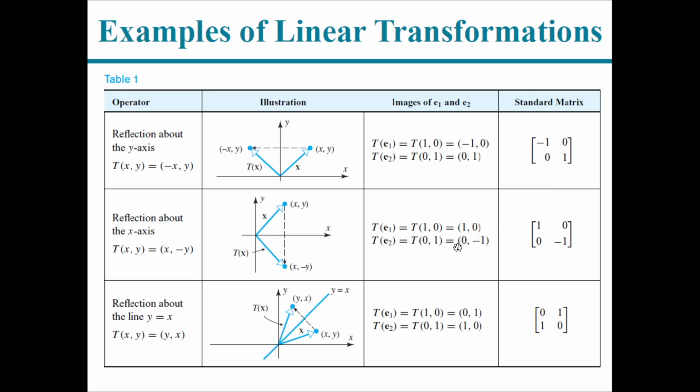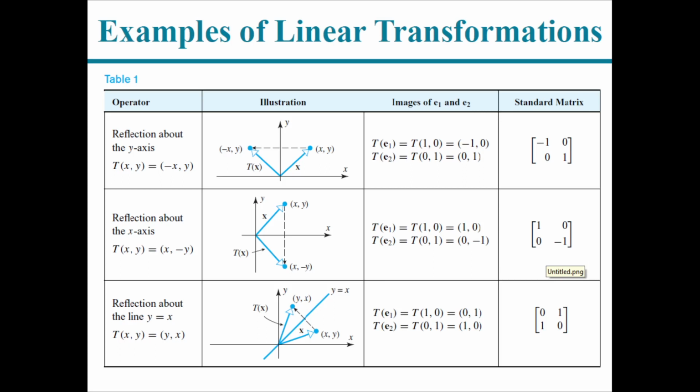And then we repeat the process for other reflections. So reflection about the x-axis, so x remains the same, y has a negative sign in front. So I applied that transformation to both basis vectors, (1, 0) and (0, 1). These are the images, and the first image I put in the first column, second image in the second column, and this is my standard matrix.